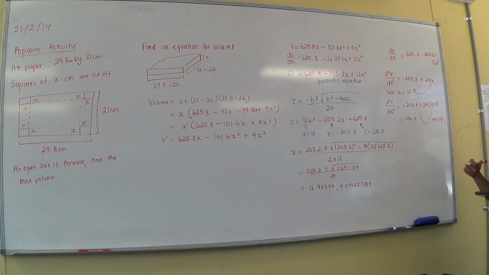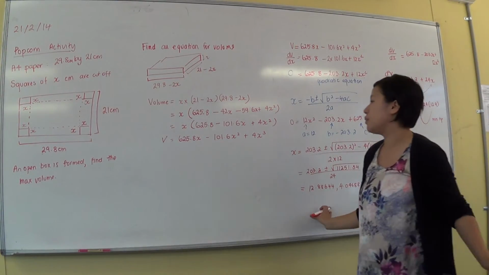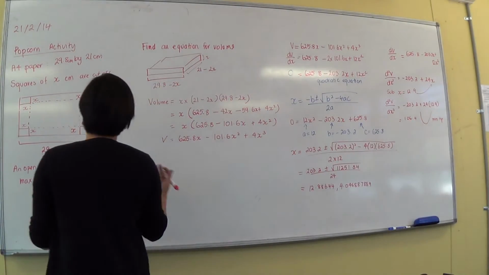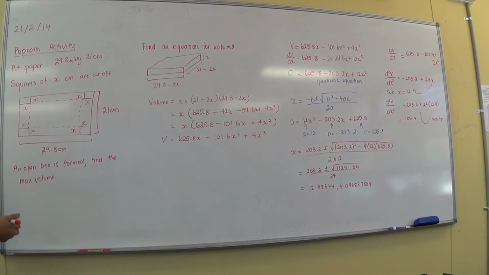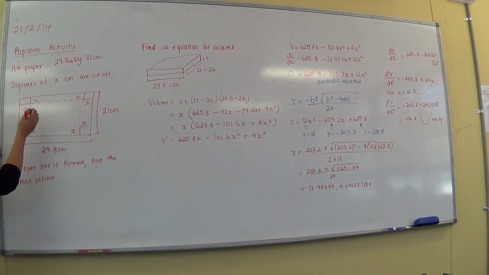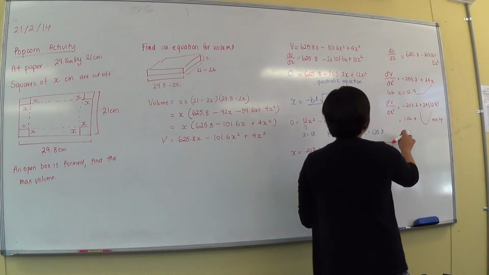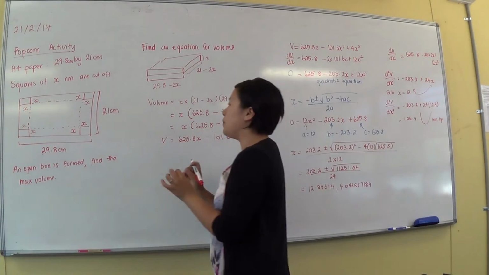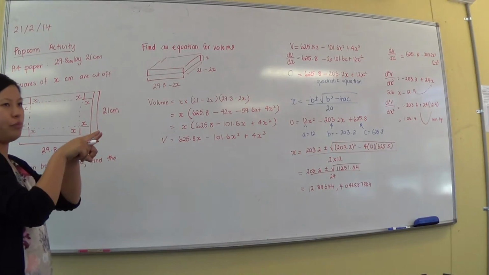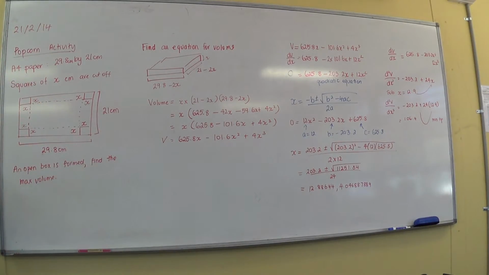So in terms of the practical application, what that tells us is if your squares are 12.9 by 12.9, you'll have the minimum volume. I think someone did 10 by 10.